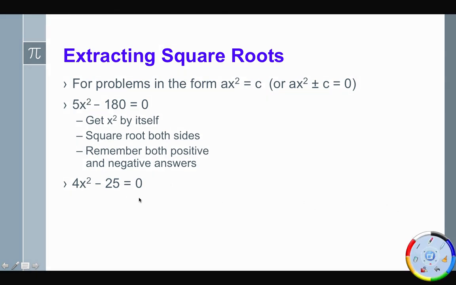So we have 4x squared minus 25 for our next example. We need to get x squared by itself, so we're going to add 25 to both sides. Then we're going to divide by 4.